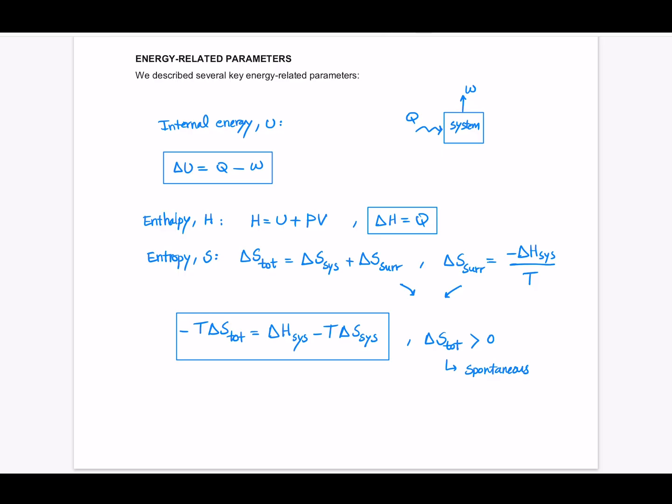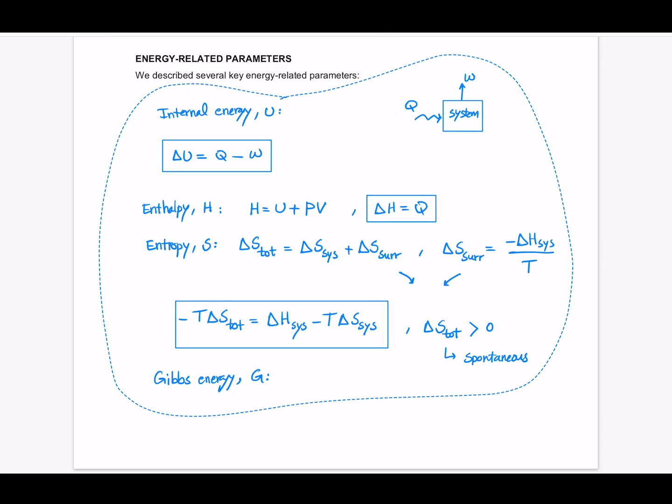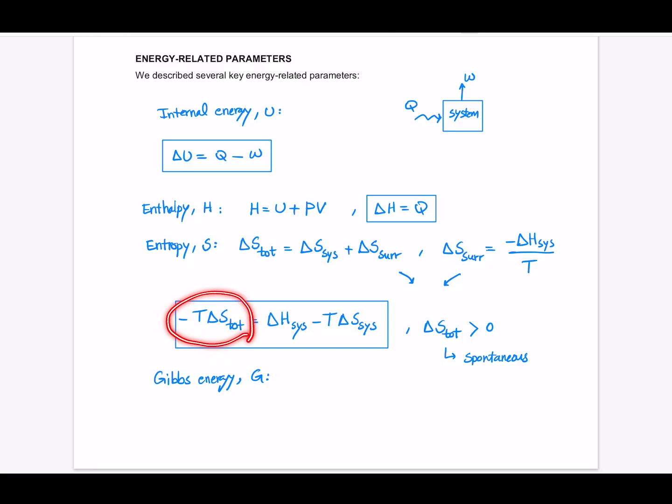Then we defined the last thermodynamic term, the Gibbs energy, or G. This was a very nice trick to avoid working with delta S of the total. We combined these factors into one and called that delta G, the change in the Gibbs energy. From now on, we are only talking about the system: delta G equals delta H minus T delta S.